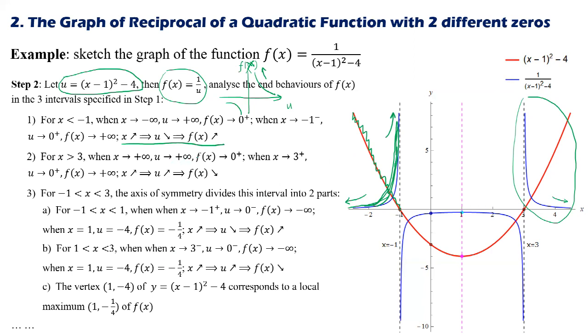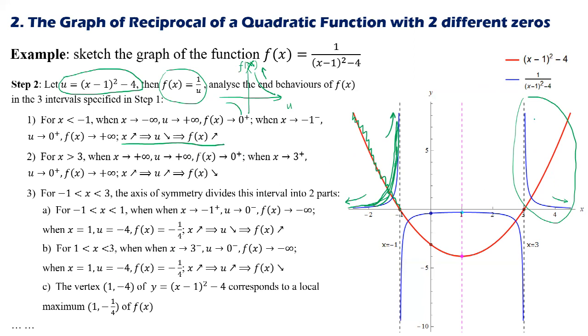And when the denominator approaches positive infinity, the whole function f(x) should approach 0 from the positive side, right? Okay, so that means when x approaches positive infinity, f(x) should approach 0 from the positive side. So it has a shape like this, right?